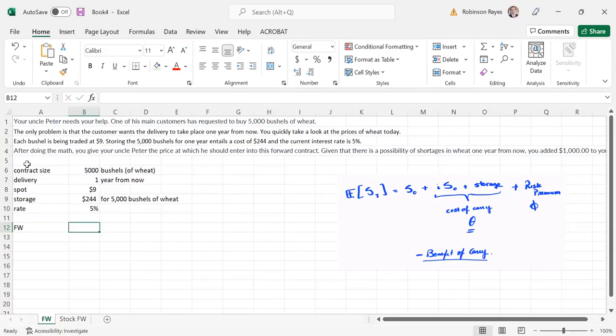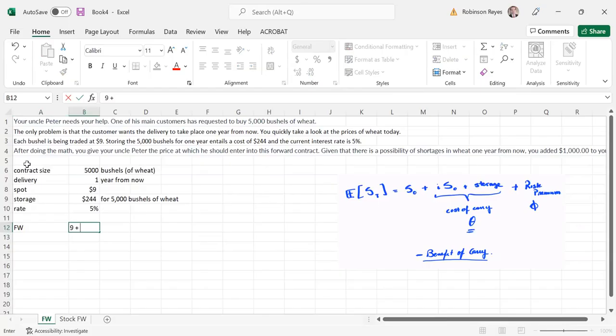First let's look at each one of the bushels of wheat, and then we will multiply that by 5,000, or conversely, let's just work with the whole contract, and then we will also see the price for each one bushel of wheat.